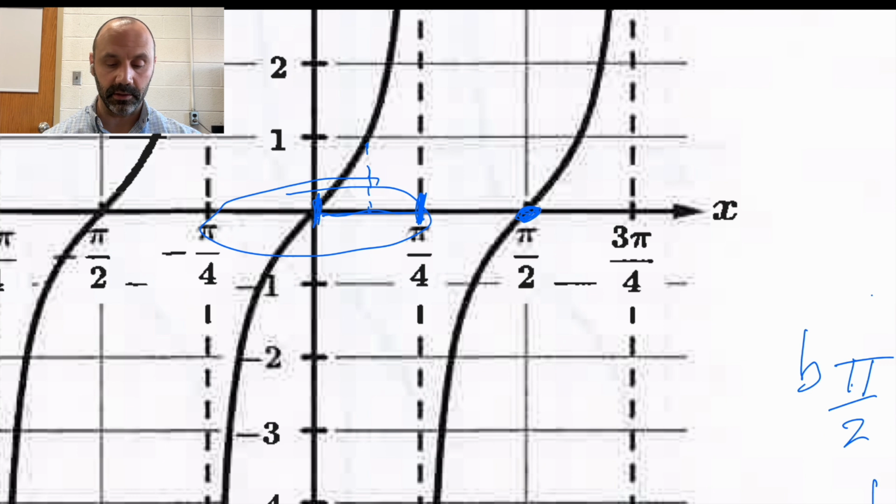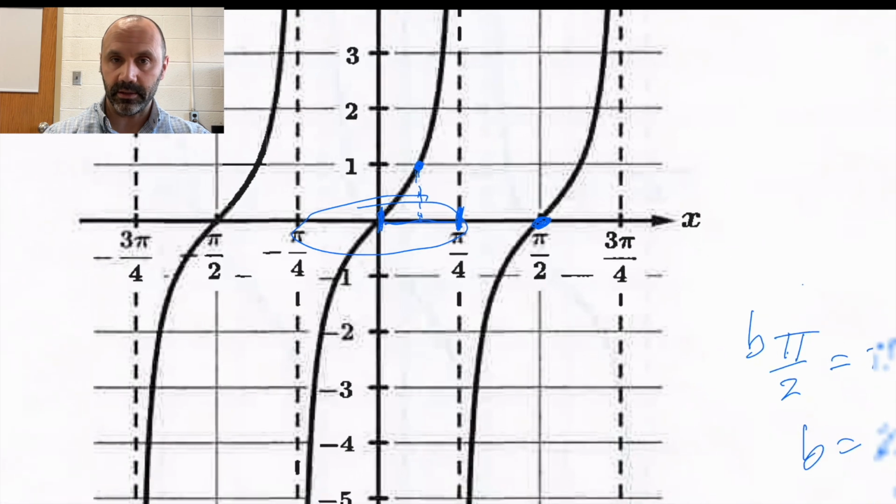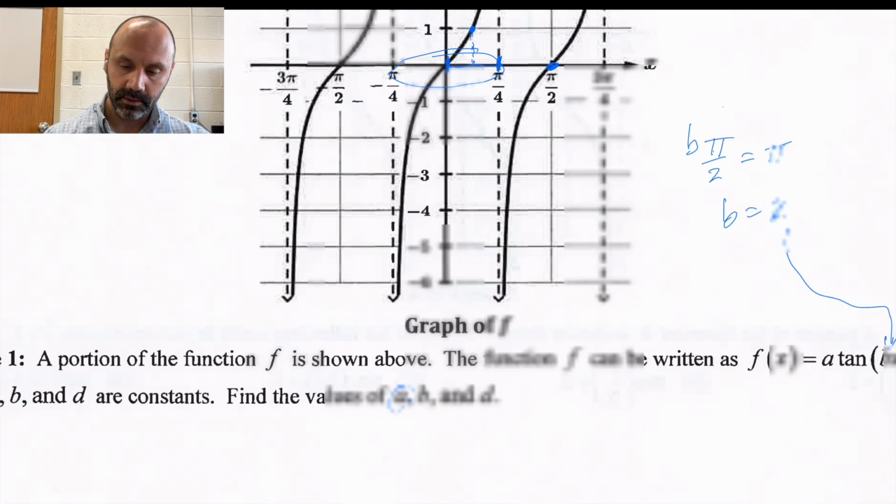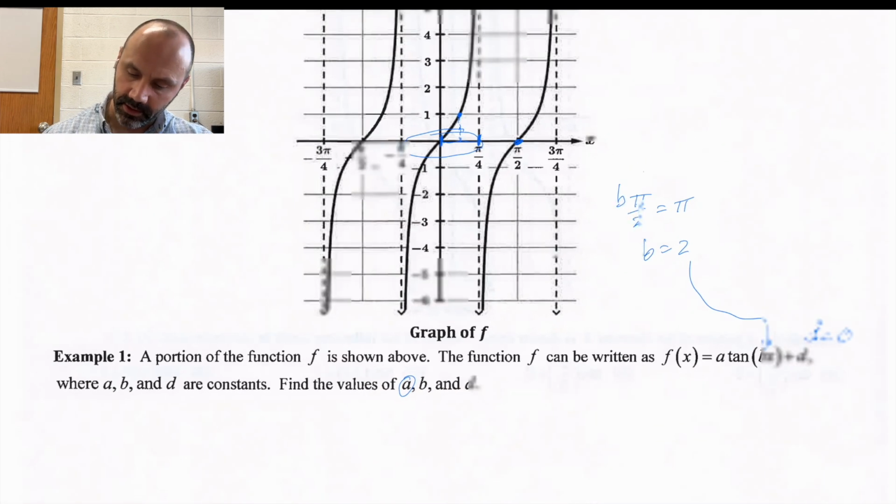The whole thing's been shrunk horizontally. But I notice that this is lined up with 1, and that's where I want it to be. That's what I'm using as my quote-unquote amplitude. Not really amplitude, but that's what I'm using as my measure for whether or not there's been vertical dilation. And there's no dilation here. And so in this case, A is just 1, right?